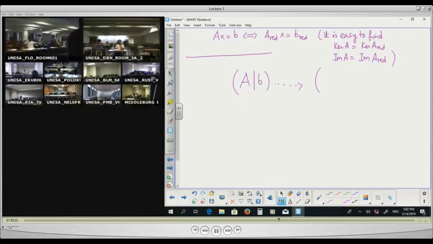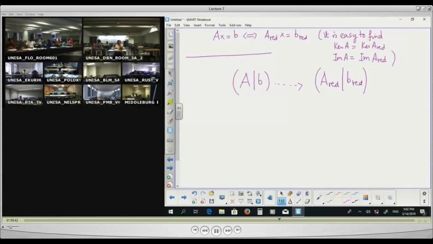Okay? Now, if corresponding to a row of zeros in A reduced, you have a non-zero entry over here, then it doesn't have any solution, it doesn't belong to the image, right?